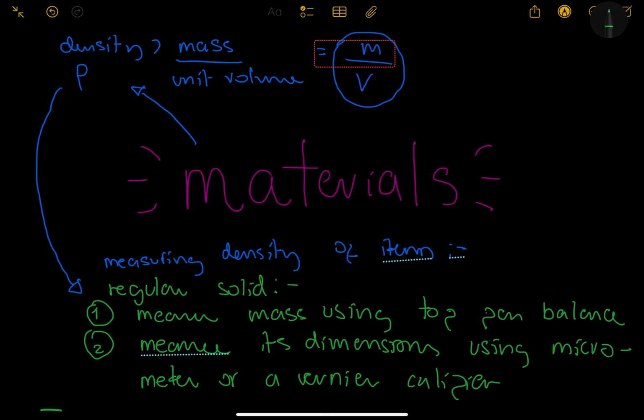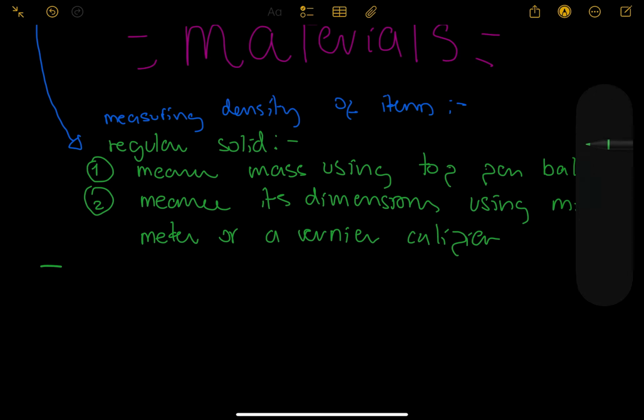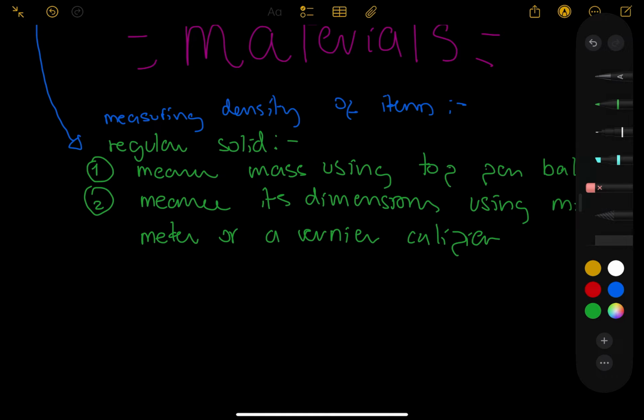And then we're pretty much just going to input it into the equation that is right here and get our value for density. Now, the reason why we use a micrometer or a vernier caliper as opposed to a standard ruler is because they're going to give us a more accurate value, and they can measure the dimensions a lot more precisely. So that is for the regular solid.